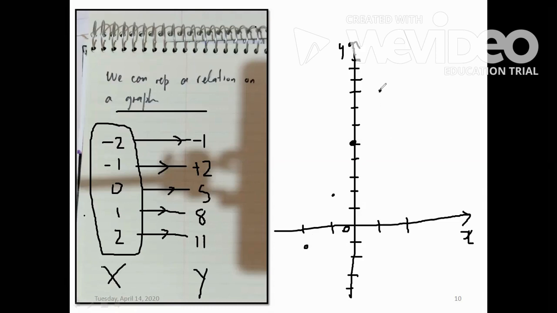I must tell you, because I'm sketching, this might not look so accurate, but I'm just giving you a little picture of what's going on. And we have 2 and 11. So these are our points. When we draw them, we're supposed to get a straight line.